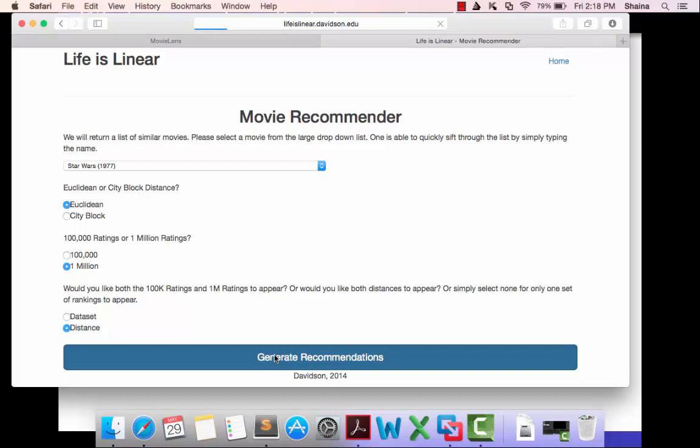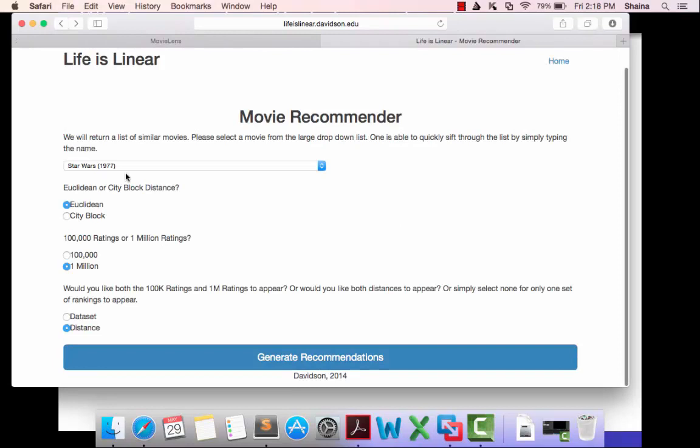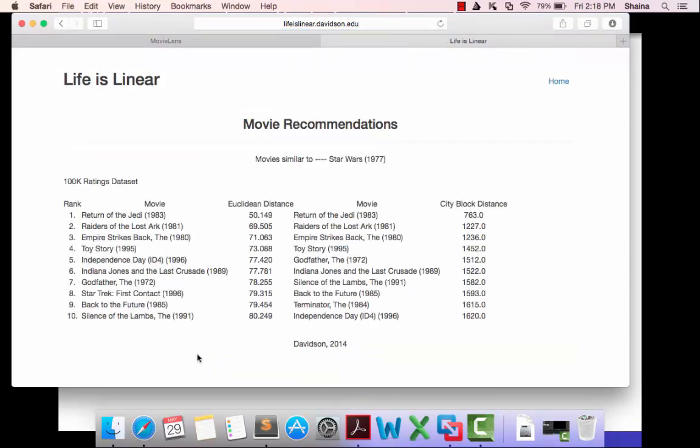Star Wars is not in the 1 million, it's in the 100,000, I know that. We can get both of these distance metrics to appear. These are the movies that return as being most similar to Star Wars, just by Euclidean distance.